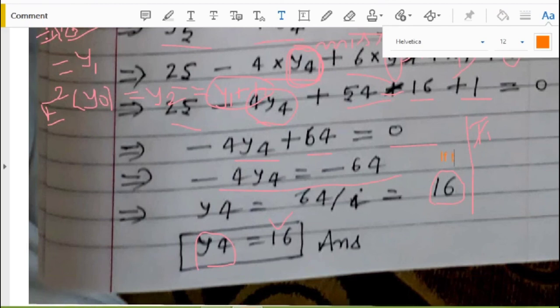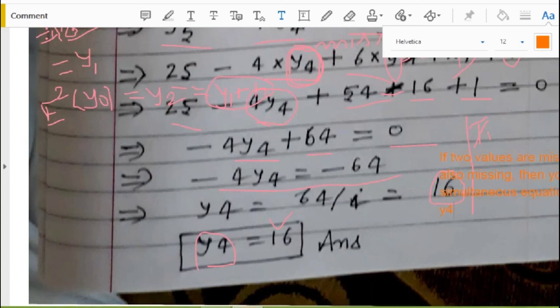if two values are missing, suppose y2 is also missing, then you will have simultaneous equations in y2 and y4.